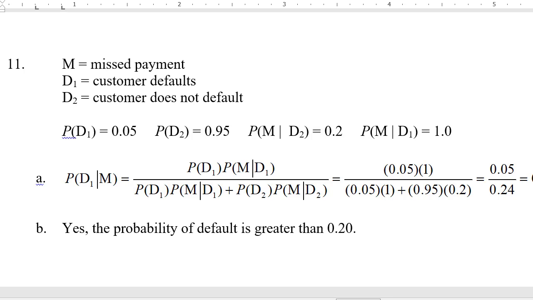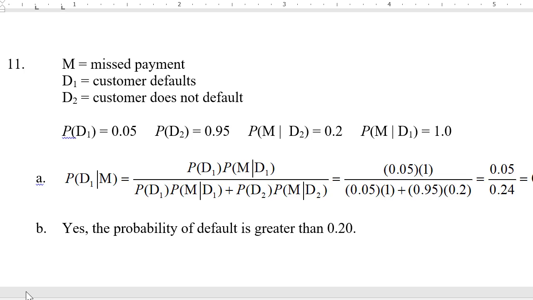The last problem is a Bayes' theorem problem, and all you had to do was assign what you mean by mispayment. D1 is the customer defaults, D2 is the customer does not default. So we have probability of D1 is 0.05, D2 is 0.95, probability of M given D2 is 0.2, probability of M given D1 is 1.